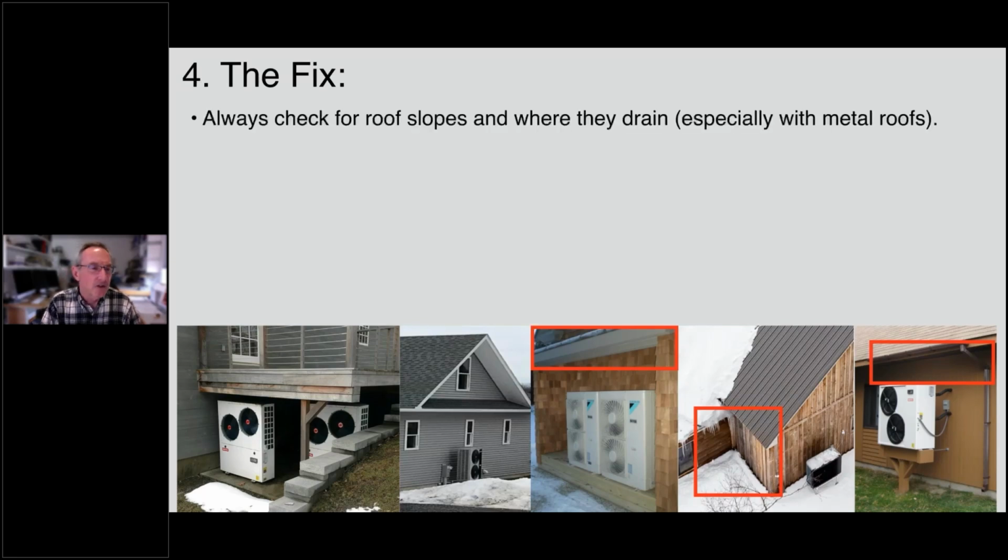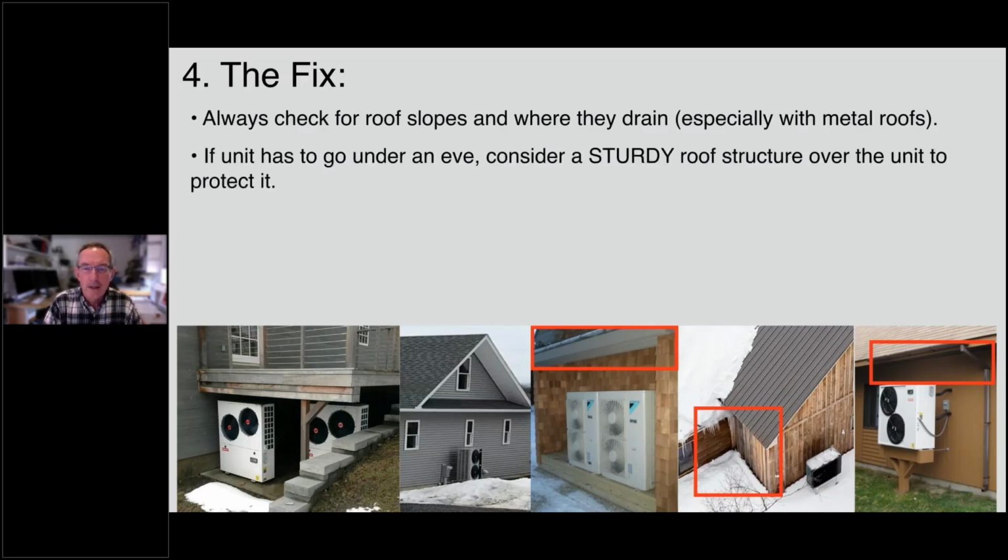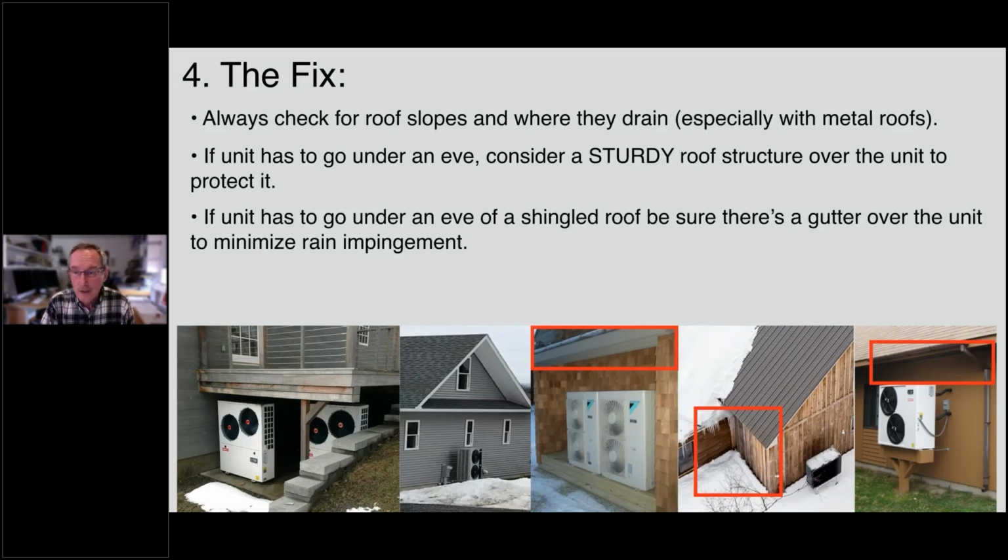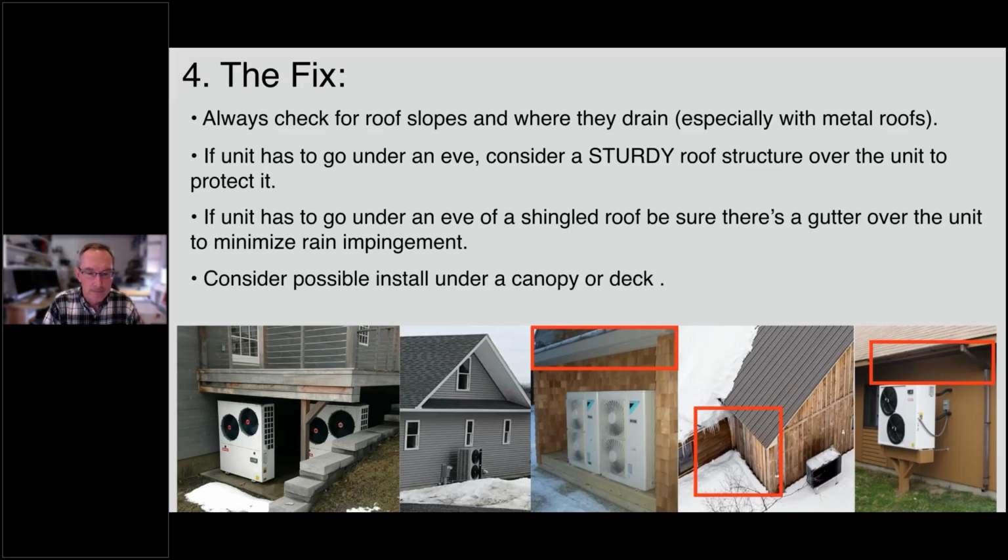So most of these things are just common sense, looking at those roof slopes, where they drain. If you're going to put a unit under a roof overhang where it's likely to get snow or ice coming down, you need some kind of sturdy structure to protect it. Okay. And at minimum, if it's a shingle roof, try to keep the rain off it with a gutter.